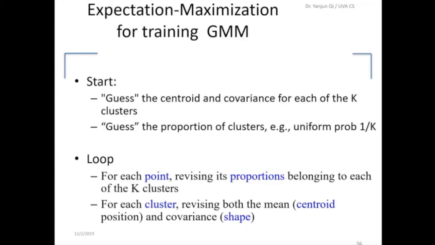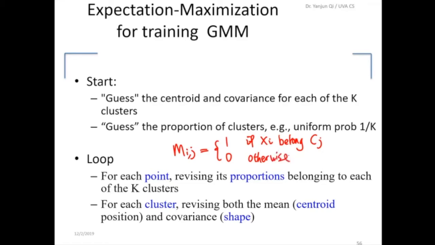If you remember k-means, we try to estimate m_ij, where i is for point x_i. It equals 1 if x_i belongs to center j, and 0 otherwise.